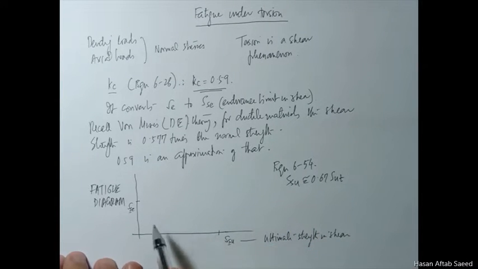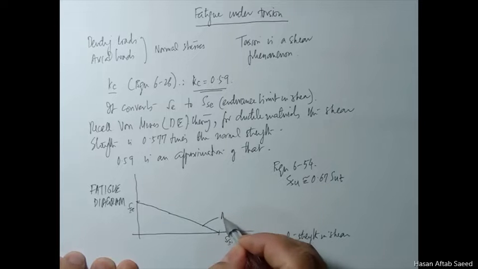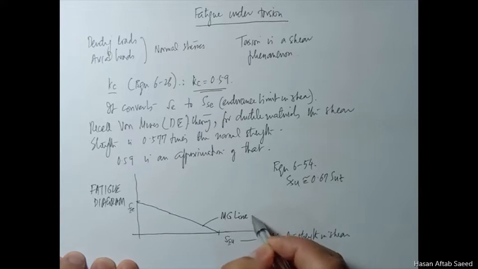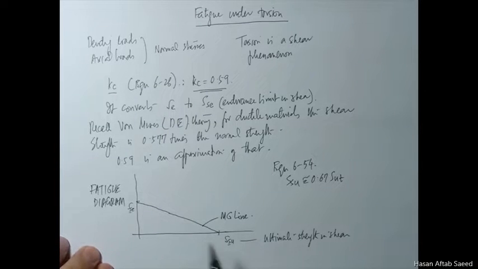So when you join these two now, this is your modified Goodman line for torsion problems. Similarly, if you join them not with a straight line but with a parabola, the rest is the same.